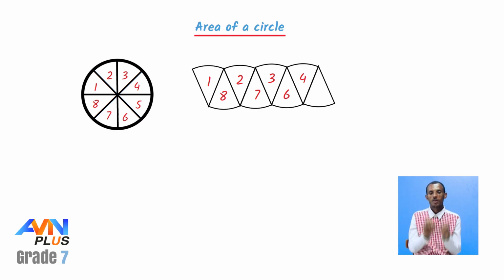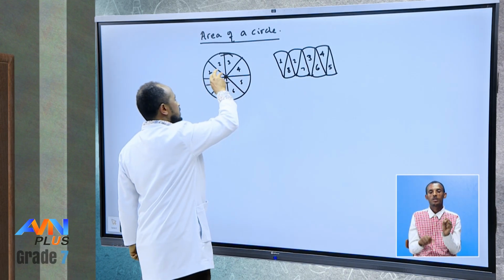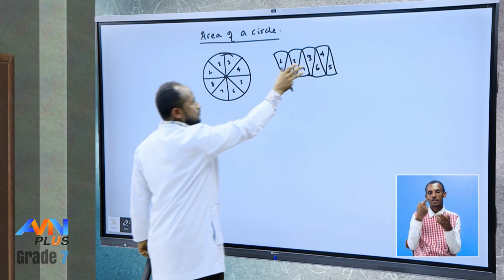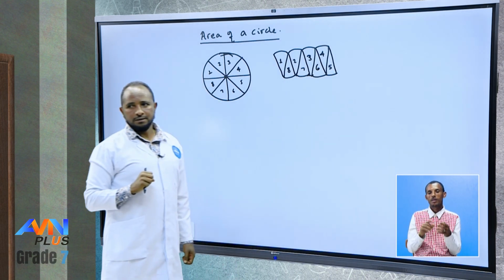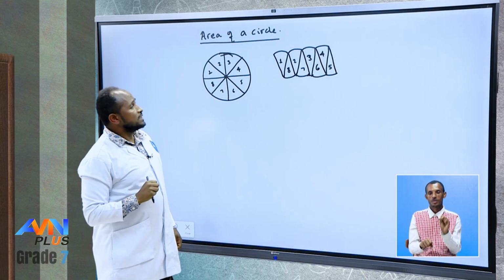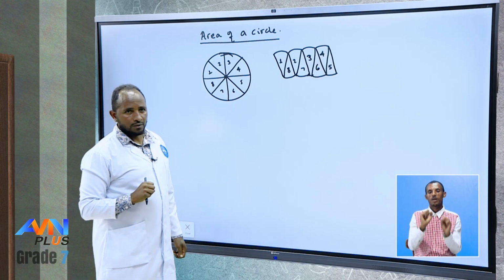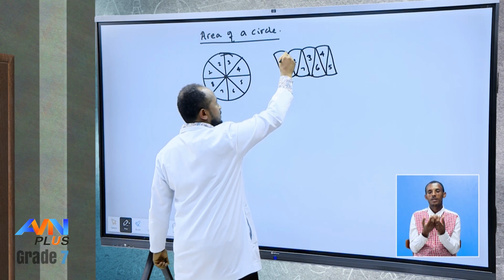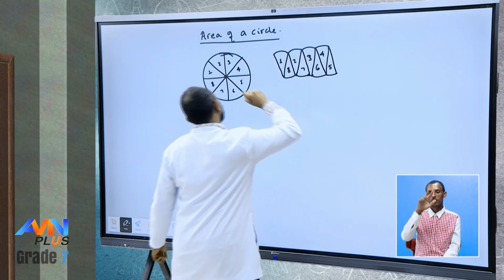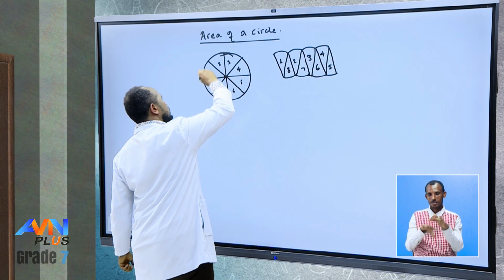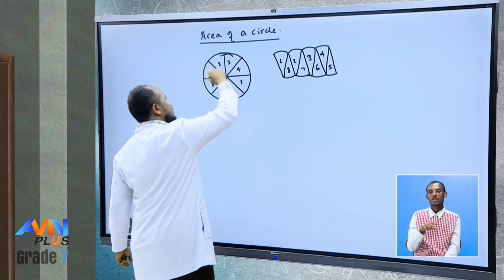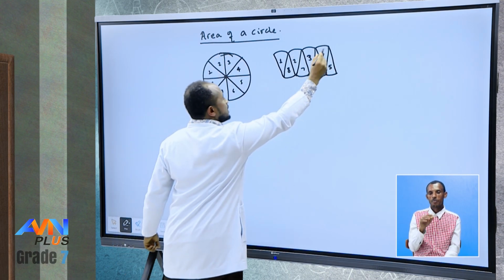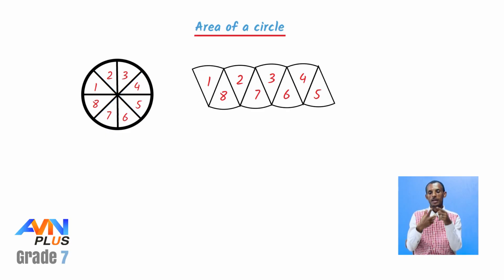Okay, so we cut this circle into pieces and formed this pattern. From this you can see one thing. Look, this curved part, 1 2 3 4, is equivalent to this one, 1 2 3 4. So this upper curved part is equivalent to this length, which is half of the circumference.